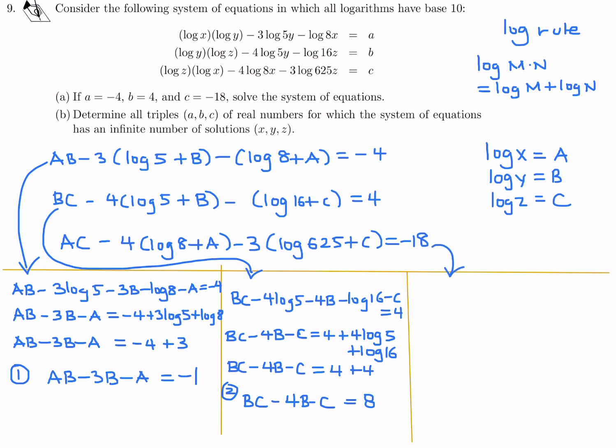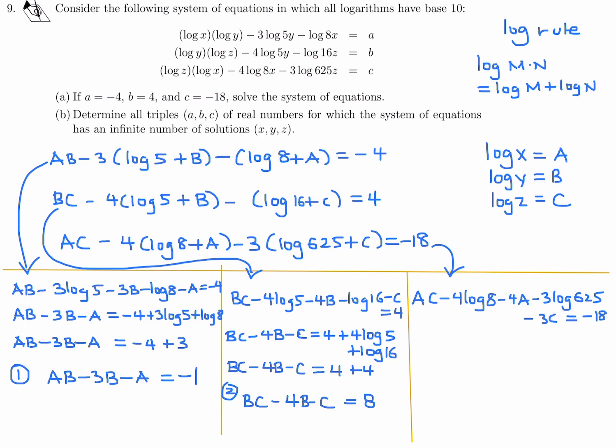Okay, now we've got the hang of it. Let's do the last one. ac minus 4 log 8 minus 4a minus 3 log of 625 minus 3c is equal to negative 18.